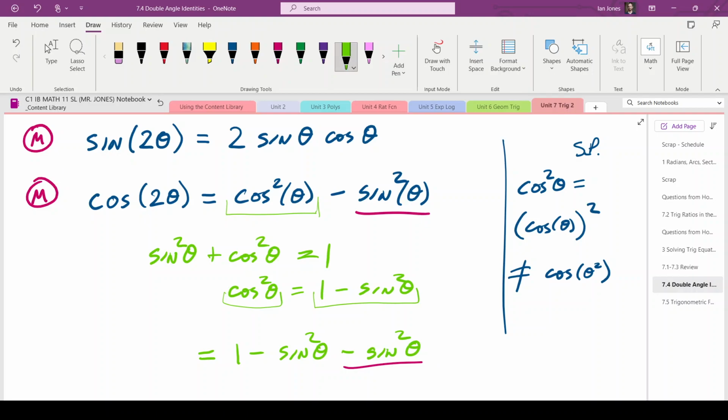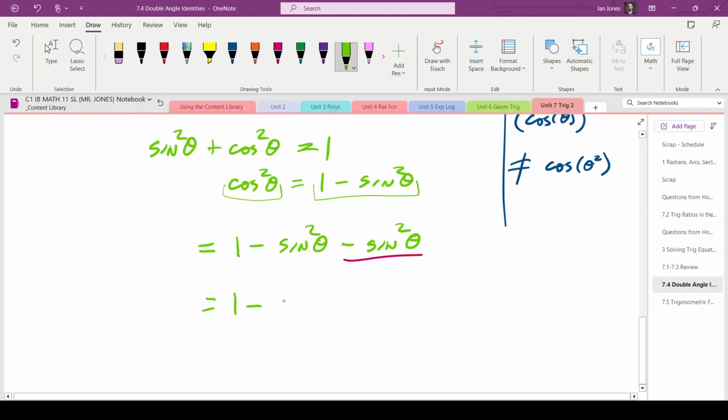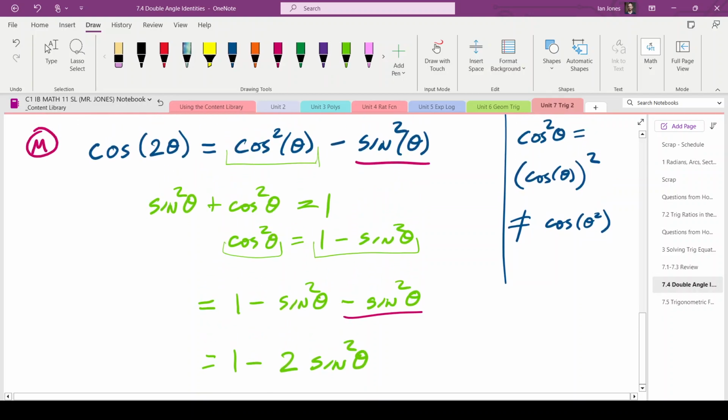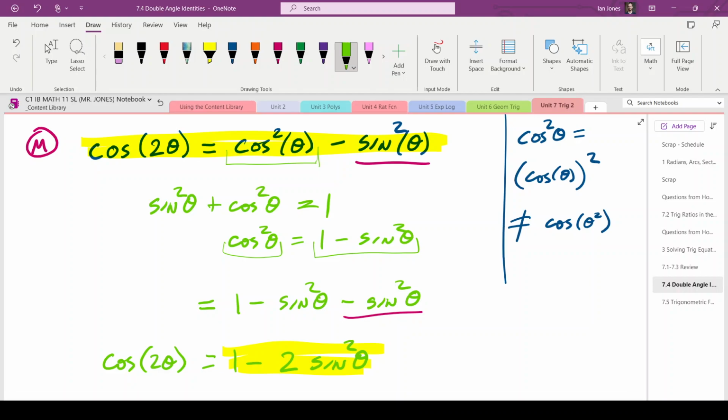And that equals 1 minus 2 groups of sine theta squared. Okay, so what we've just done is showed that this identity here can also be written as this here. I could say that cosine of 2 theta equals 1 minus 2 sine theta squared. Okay, so that's a second identity.